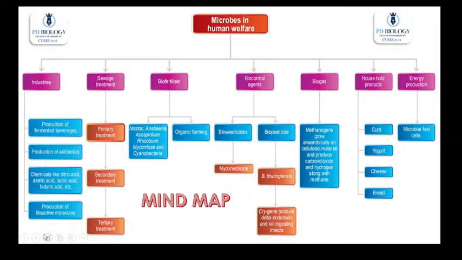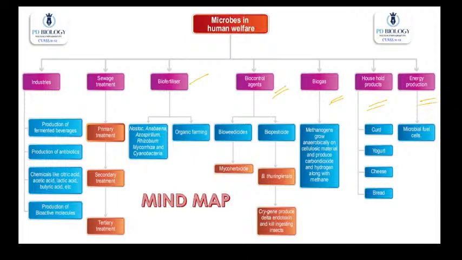So now, moving to our last part, see this one. This is your mind map to remember the chapter at a glance. The industrial use of microbes: sewage treatment, primary, secondary, tertiary, biofertilizer, biocontrol agent, biogas production, household product, energy production.